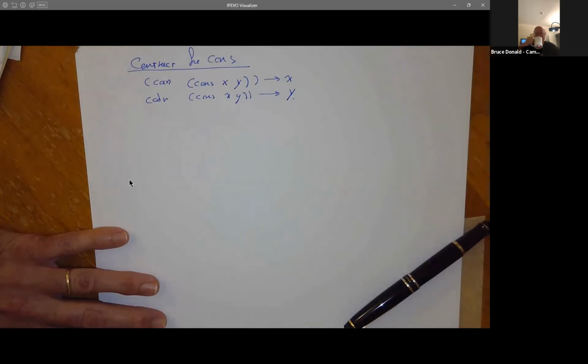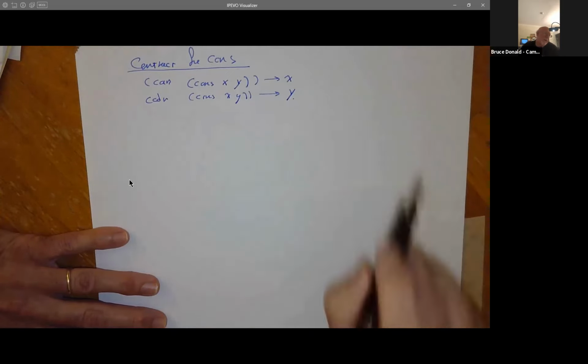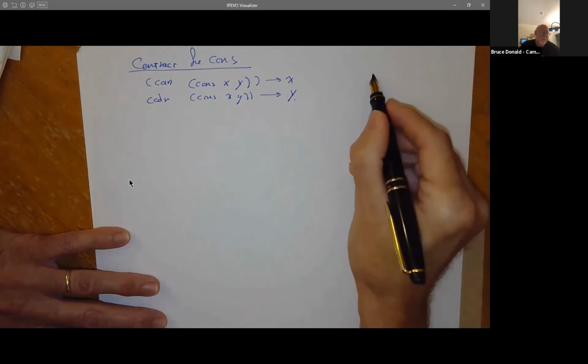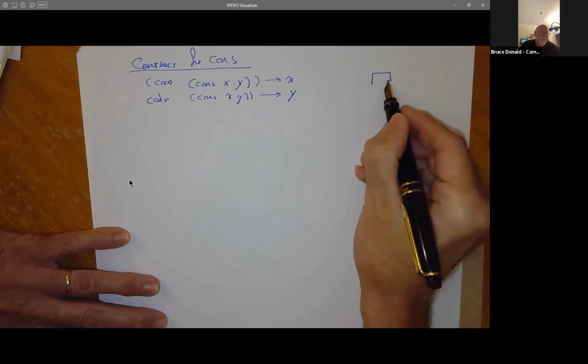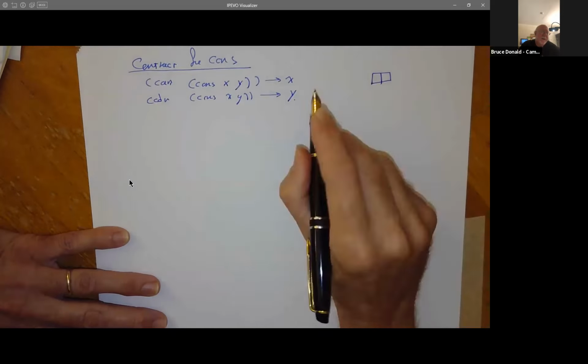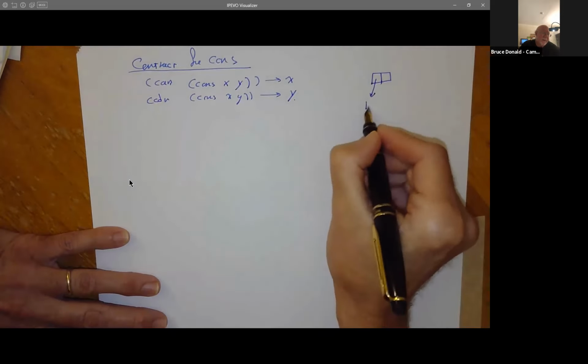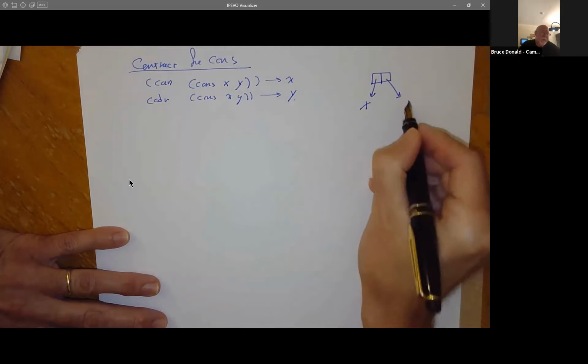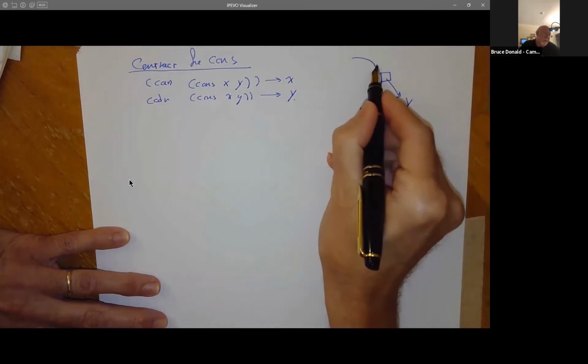One of the things you might have noticed is I'm usually pretty adamant that we have to know how to build these things. And you were very nice not to press me on that. I said, well, in some sense, what cons does, or might do, is it makes a cons box like this, and it makes this point to object x, or its value, and this point to object y, and it returns a pointer to this thing.